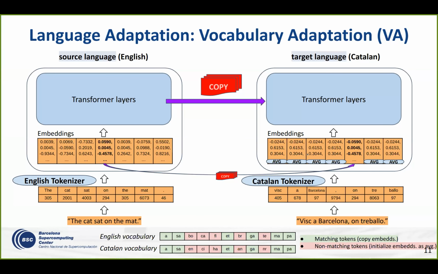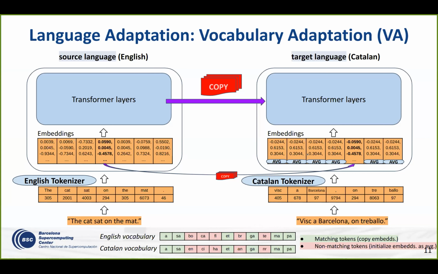Language-specific tokenization is exactly the focus of this work, and there are a lot of approaches that seem to propose this. But what we really want is to modify the tokenizer and to modify the vocabulary. So what we can do is to reuse the transformer layers, but we cannot reuse the embedding layers.